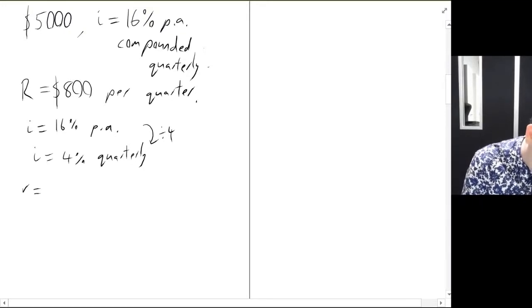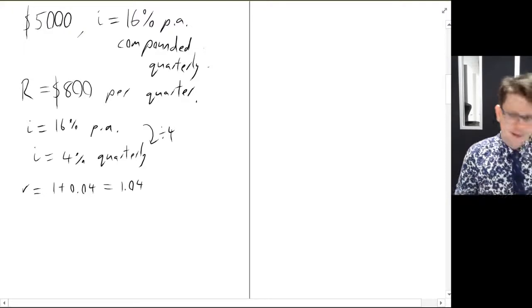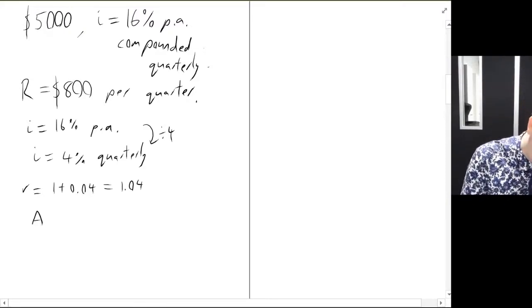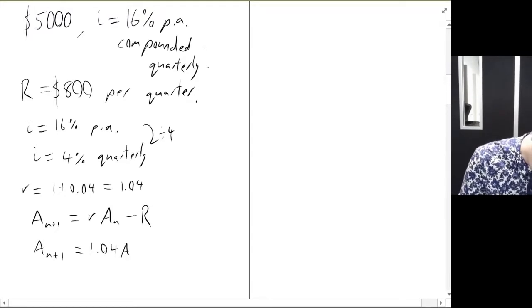Now I can find R. 1 plus 0.04, 1.04, that's my R value, little r, and now I'm going to use the formula. A_{n+1} equals R A_n, take capital R, and my repayments were 800.